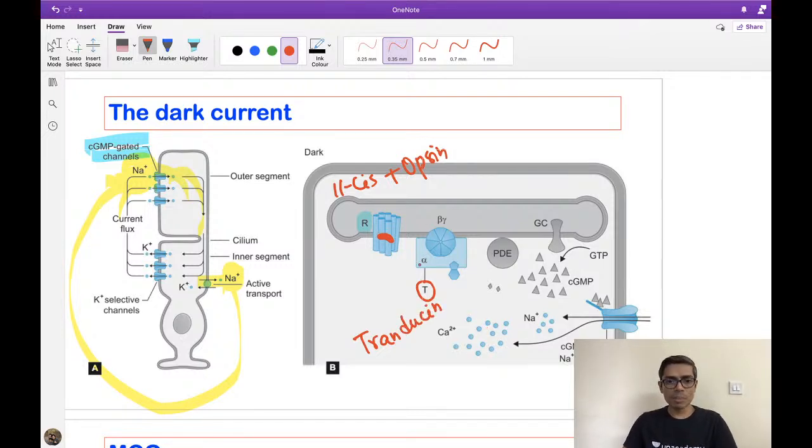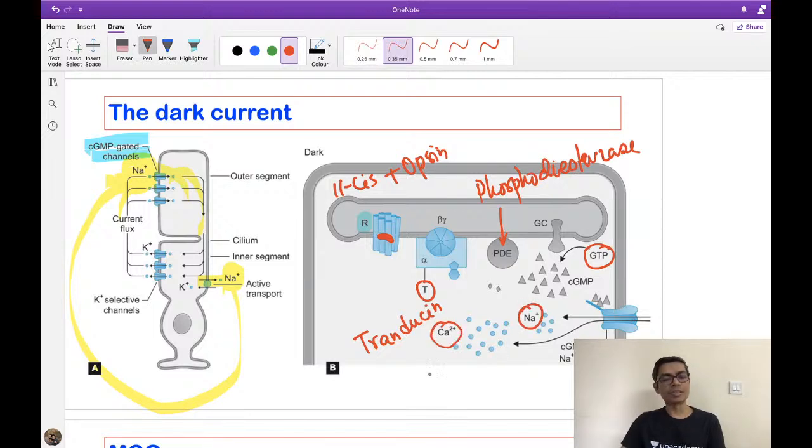G protein means it is composed of alpha subunit and beta gamma subunit. Just beside this G protein, also note this PDE, phosphodiesterase enzyme. So when there is dark, as I already told you, GTP will be converted into cGMP, and because of this cGMP, this channel is open through which sodium is entering, calcium is also entering.